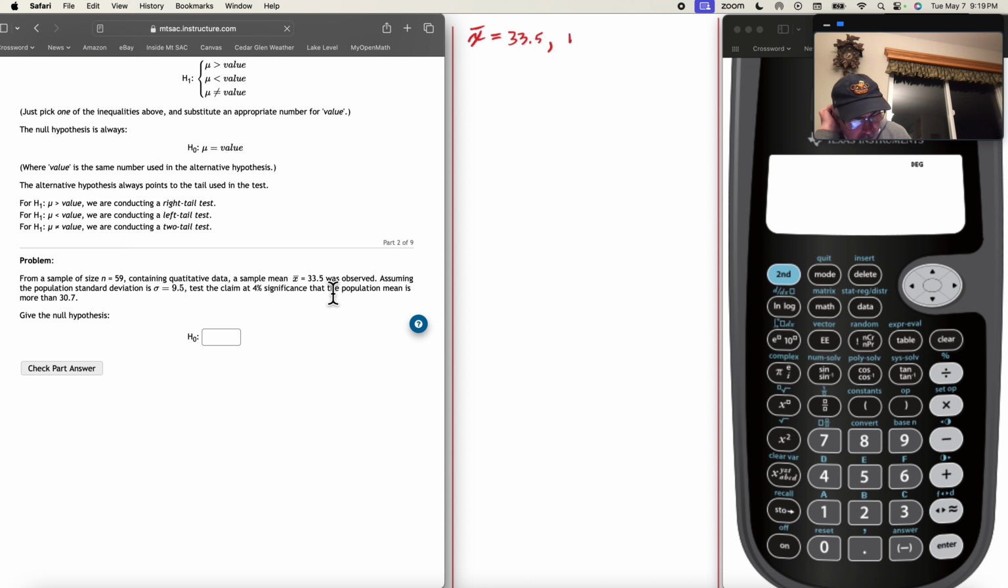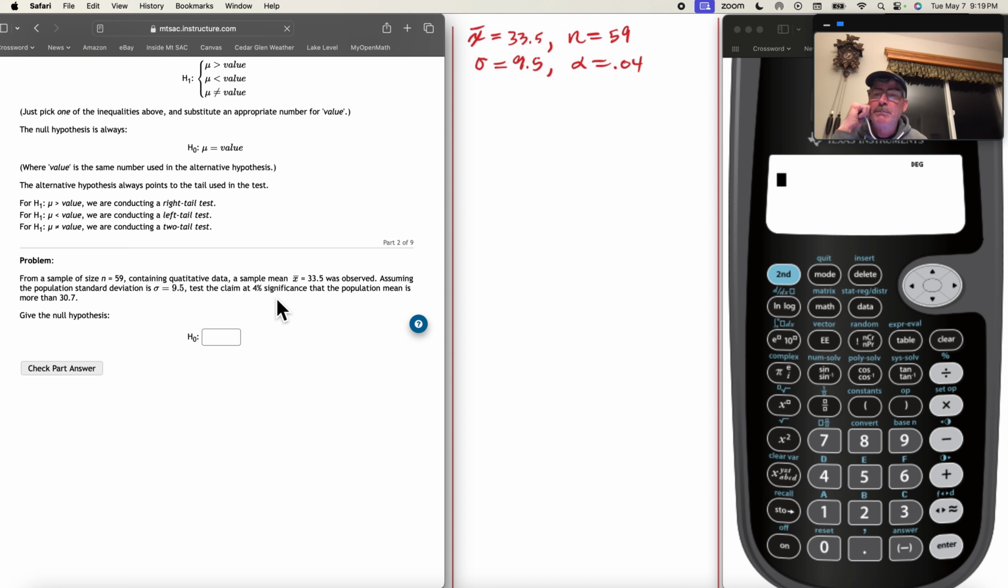Go ahead and put that down. It says assuming a population standard deviation of 9.5, so that's our sigma, 9.5. It says to test a claim at 4% significance, okay, so that's our alpha, is 0.04.